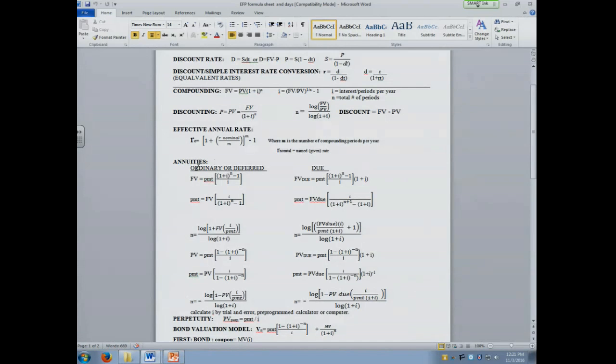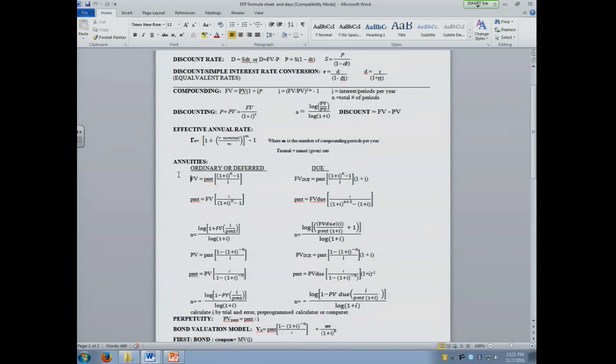We are talking about annuities, and what we've talked about so far is ordinary annuities, or they're sometimes referred to as deferred annuities. The payment or the withdrawal is at the end of the period. For example, your car payment is due at the end of the month.